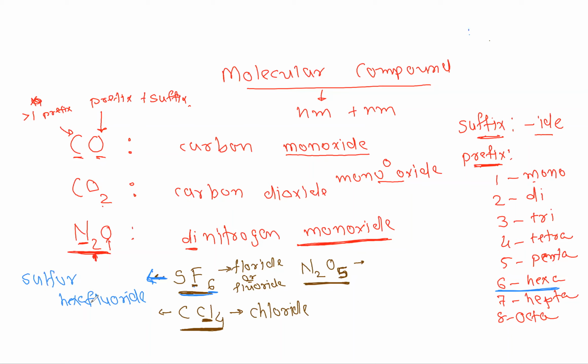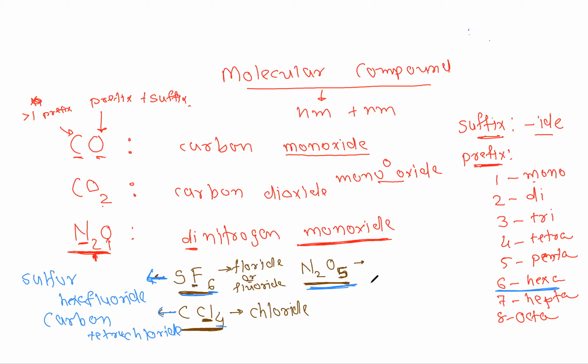All right, excellent. For the second example, carbon tetrachloride. The first one is carbon, so of course it's going to be called carbon. Chloride, I told you that it is going to be called chloride. And because there are four, we are going to call it tetrachloride. And the last example, N2O5: dinitrogen pentoxide.